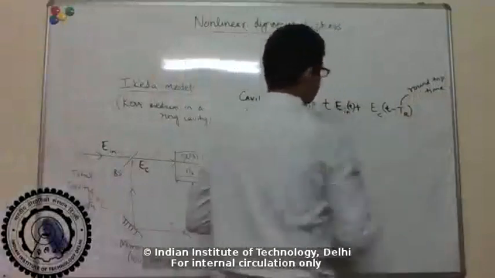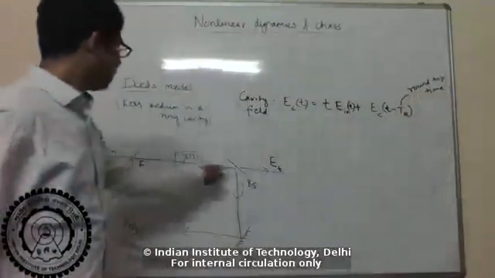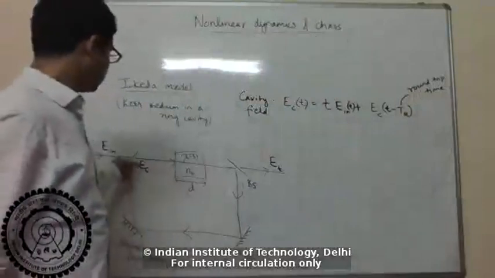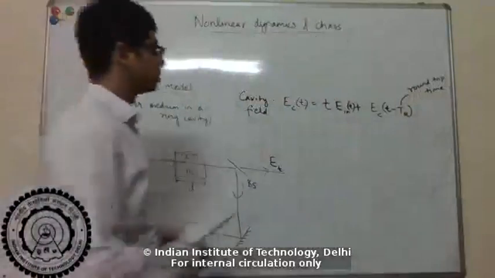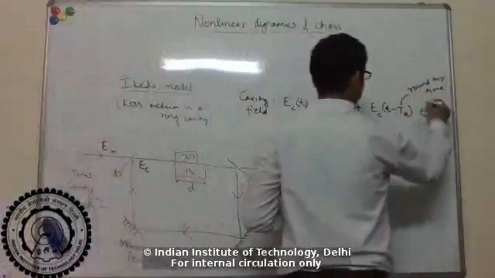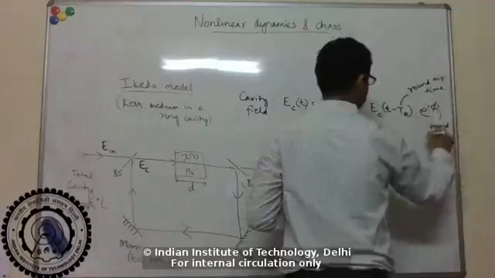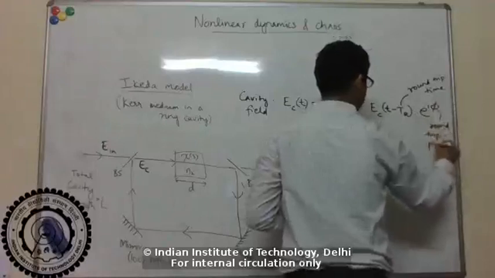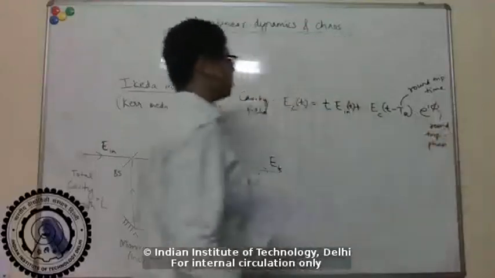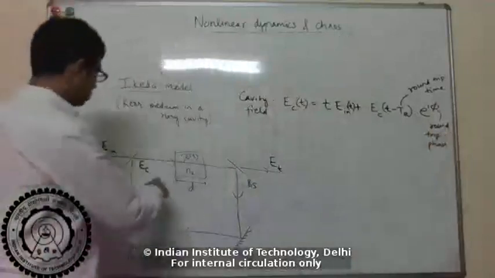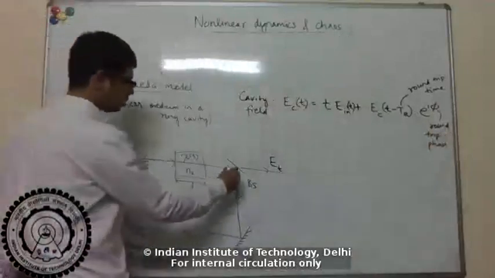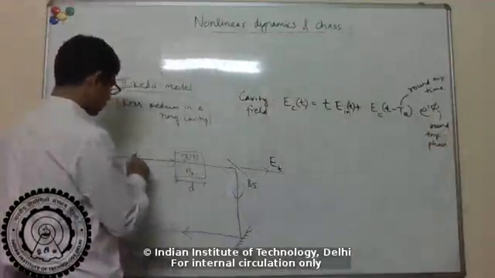So what happens to this field in one round trip? Of course, it acquires a phase, e to the i phi again. So this is the round trip phase. And then there are reflections.